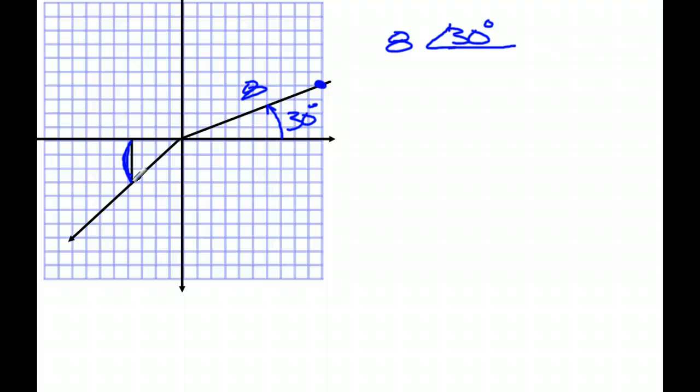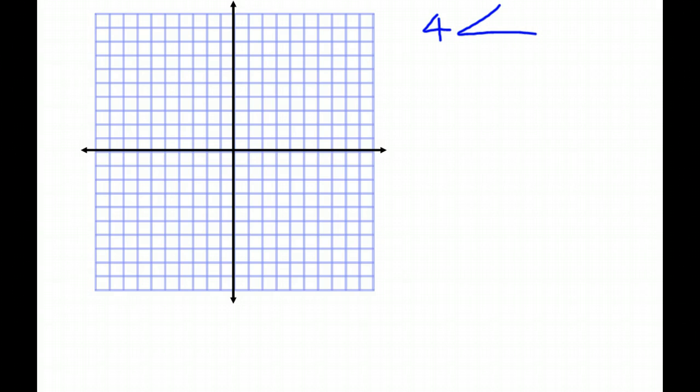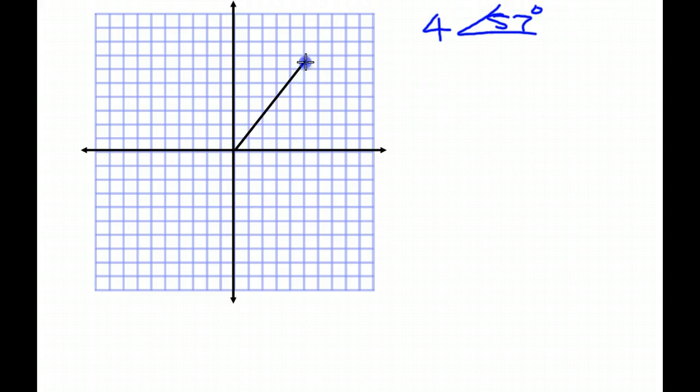So if I give you an angle such as 4 at 57 degrees, that means I have an angle that is 57 degrees, and it's 4 long. So this is 57, and my hypotenuse is 4.